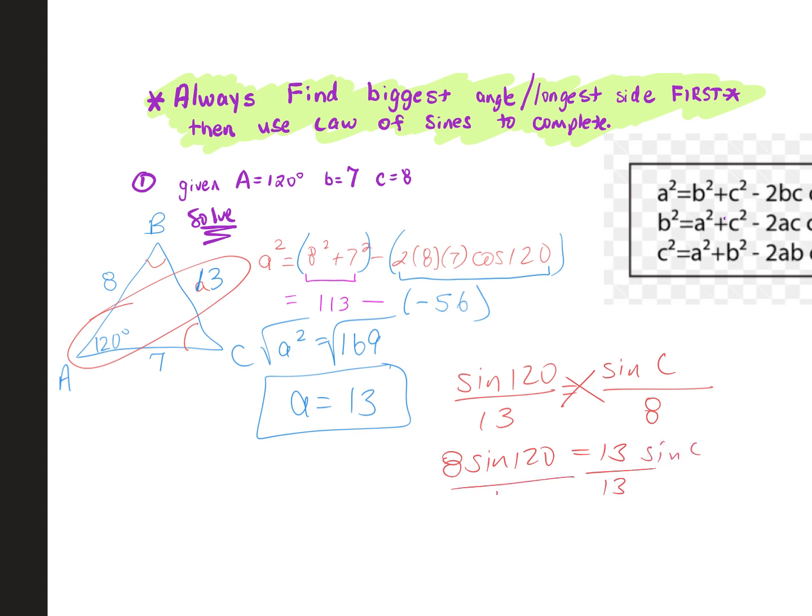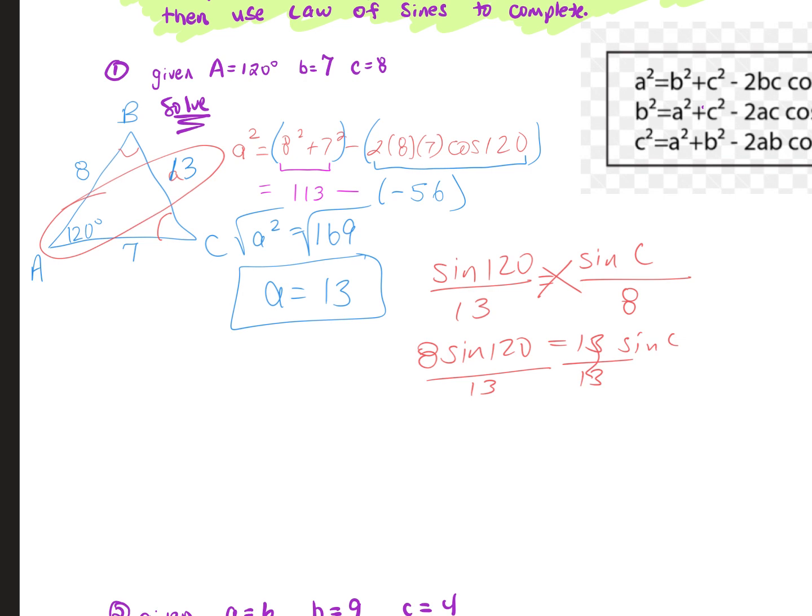Divide both sides by 13. And you get the sine of C equals, what's 8 times sine of 120 divided by 13? What'd you get? 0.532938.